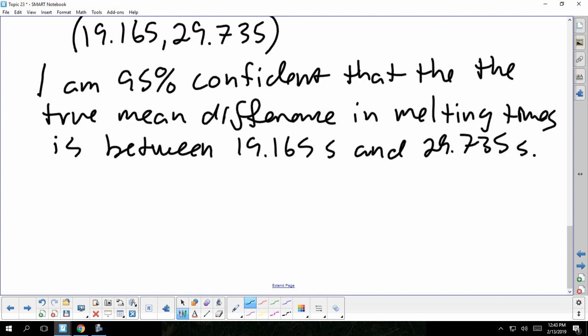So we can say that peanut butter chips take anywhere between 19.165 seconds to 29.735 seconds longer to melt in the mouth than chocolate chips.